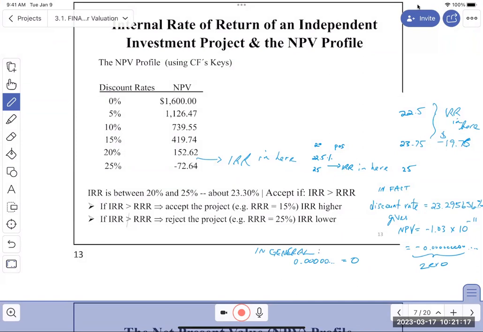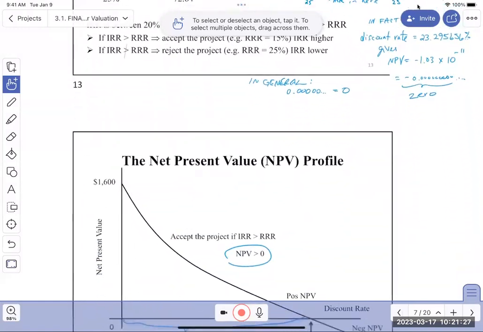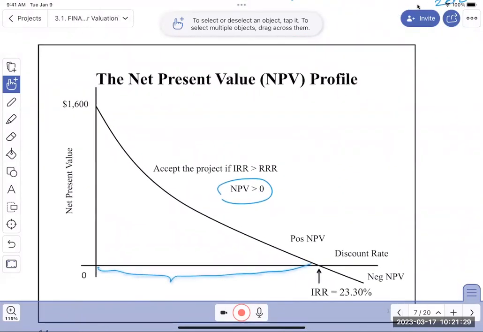Okay, let's continue. Wait, let's go back to the test. Let's go back to this down here. So the chart. What does it say again? We learned how to calculate IRR. We learned how the calculator calculates IRR, iterating to find where the equation of NPV is closest to zero.